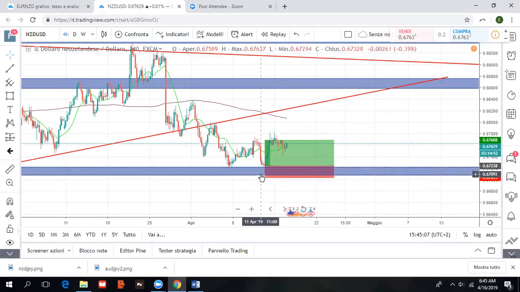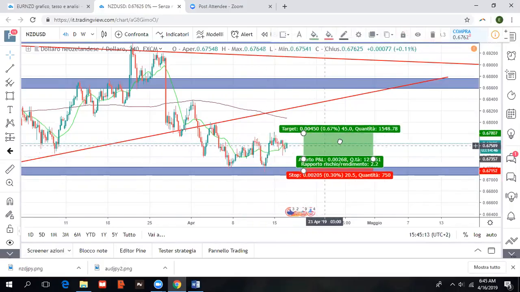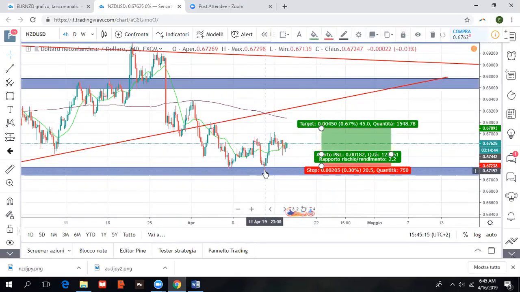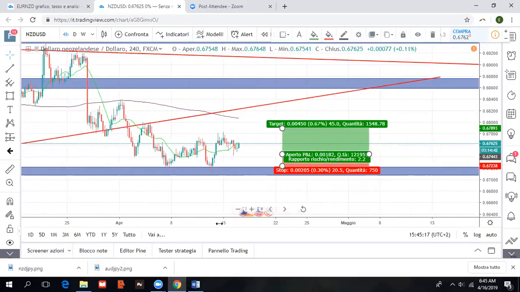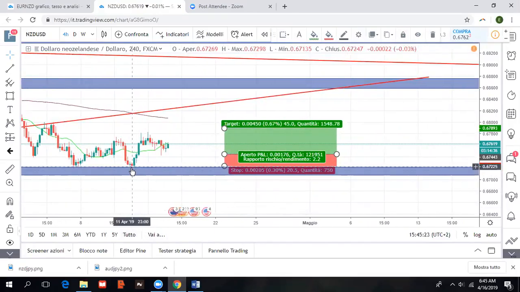So in this case, we were at a support area. I waited for the price to go to support. I saw this 4-hour candle close with a hammer.